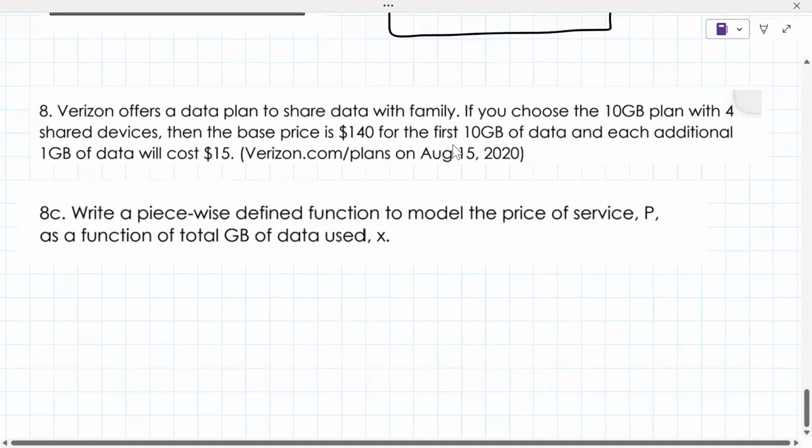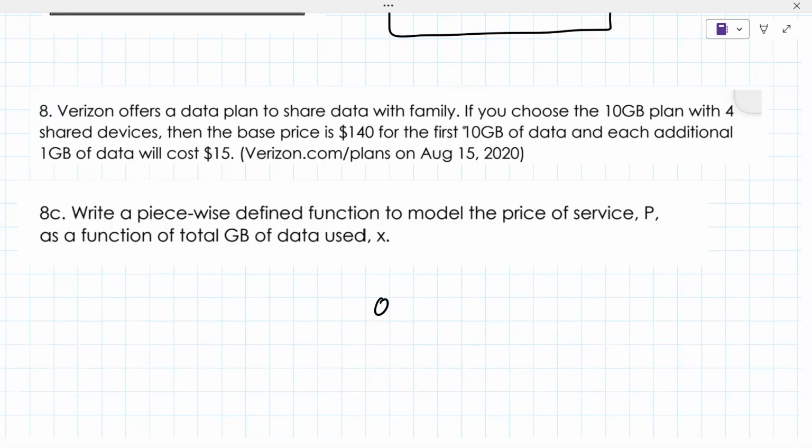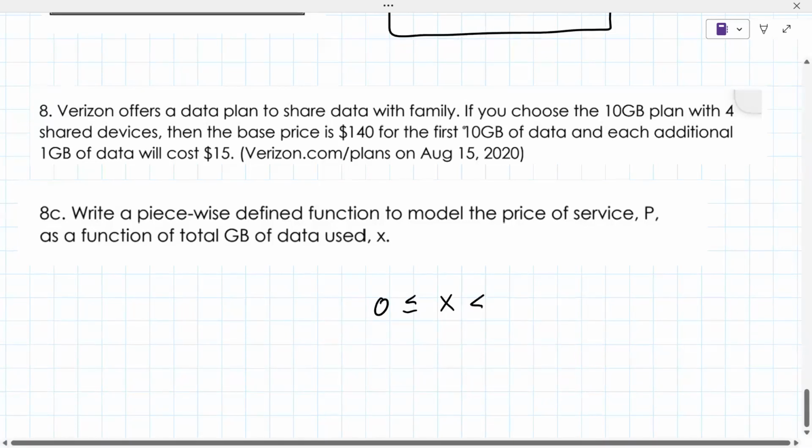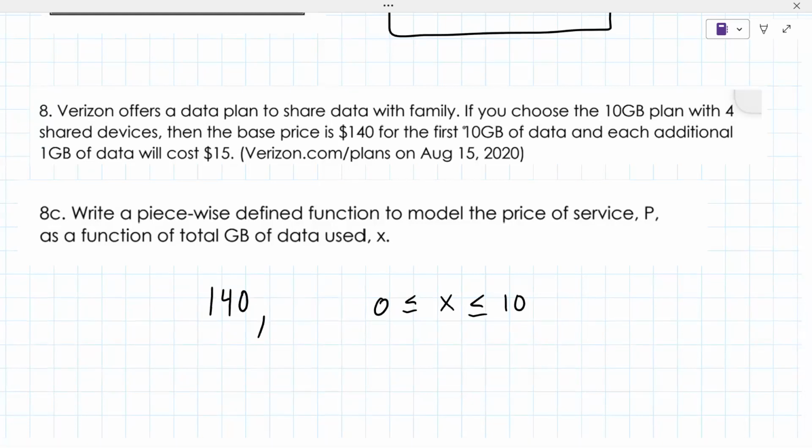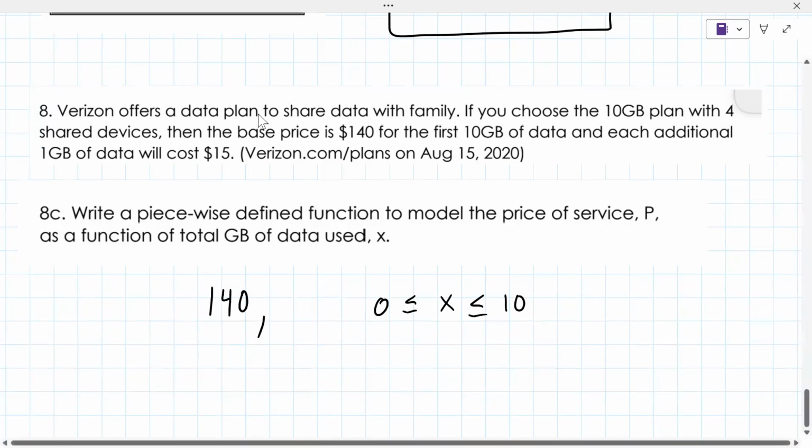Okay. So for the first 10 gigabytes, it doesn't matter whether you use 0 or all the way up to 10 gigabytes. The cost is $140. I think most of us have unlimited data now.